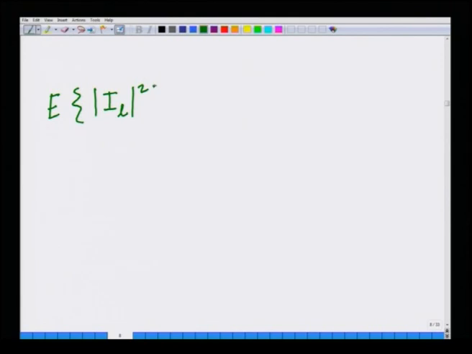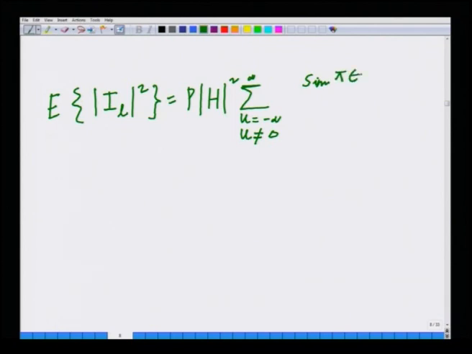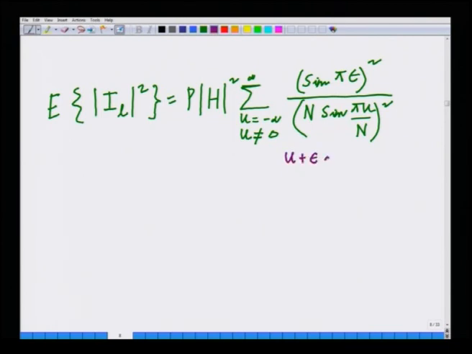Expected |I_l|^2 equals P |h|^2, summation u equals minus infinity to infinity, u not equal to 0, (sin(πε))^2 divided by (N sin(πu/N))^2, where in the denominator I have used the approximation u plus epsilon approximately equal to u, because remember epsilon is a very small quantity and u is varying from minus infinity to infinity.